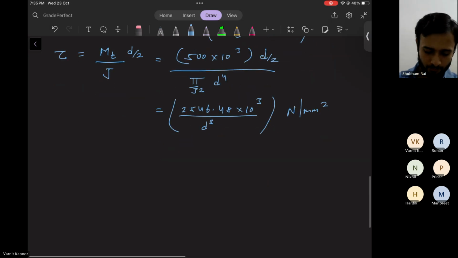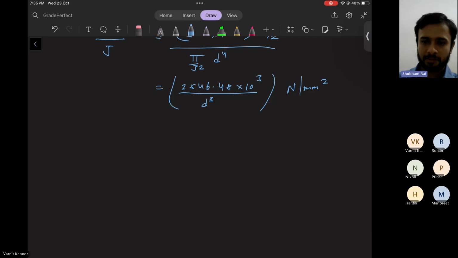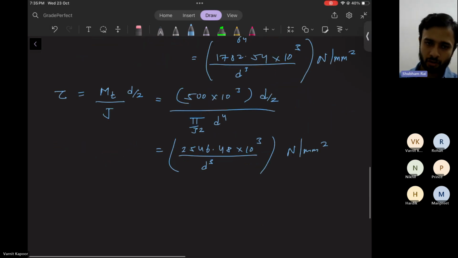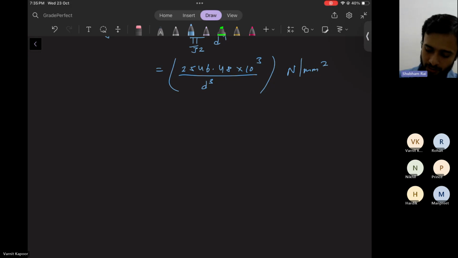Now, the maximum shear stress. What will be the maximum shear stress? Using this normal stress and shear stress, you can draw the Mohr circle, and you know that the radius of the Mohr circle will give you the maximum shear stress.